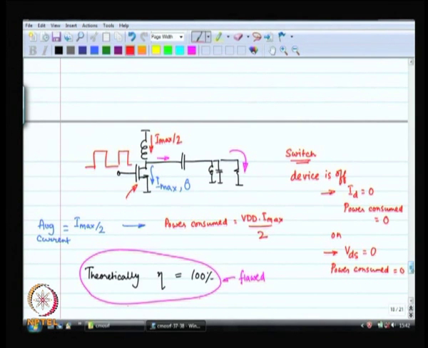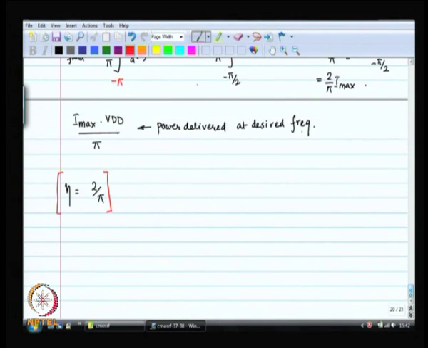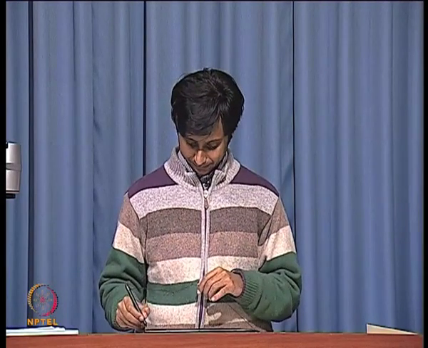And really, going by our previous discussions, the way we did the class C amplifier, find out what is the fundamental component of the current going into the load and what is the amplitude at the load, etc., and then you do the derivation, you will realize that the maximum efficiency that you are going to get is something like 2 by pi.